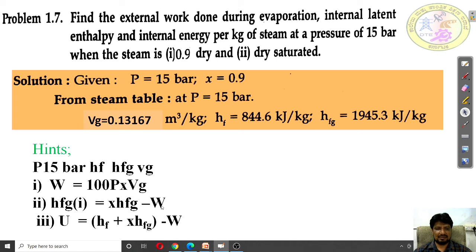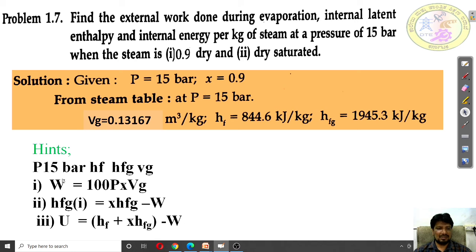X is 0.9 and HFG is the steam table value. Then finally internal energy of the steam. This is the internal energy for wet steam: HF plus X into HFG minus the work done.